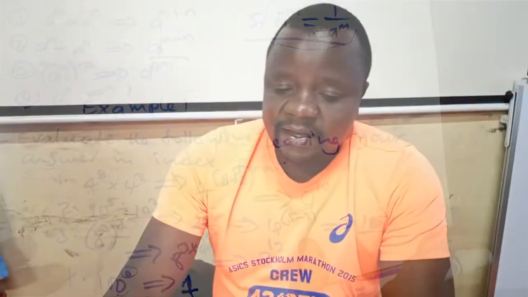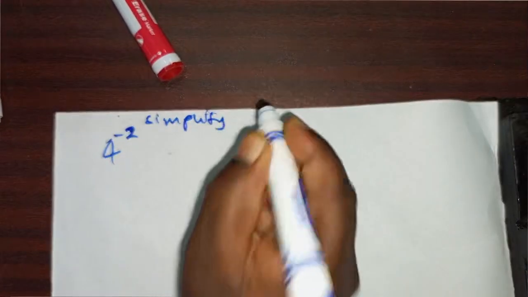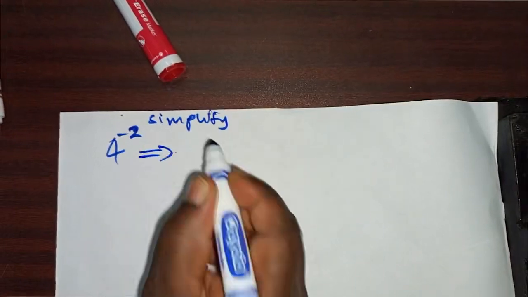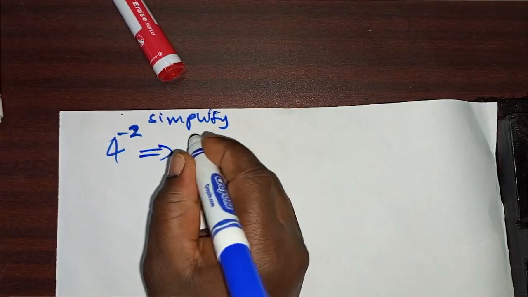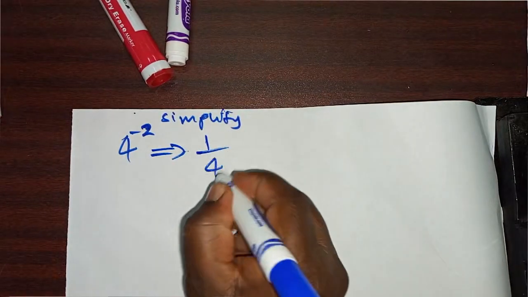So again, then we may proceed with another example. Maybe 4 to the power minus 2. Then if we say simplify that one, we have to take the reciprocal, which is 1 over 4 to the power 2.